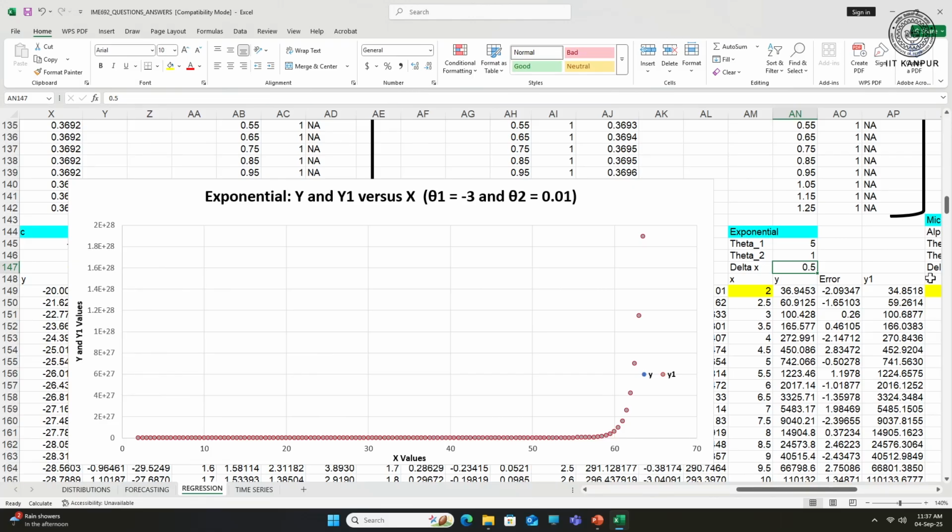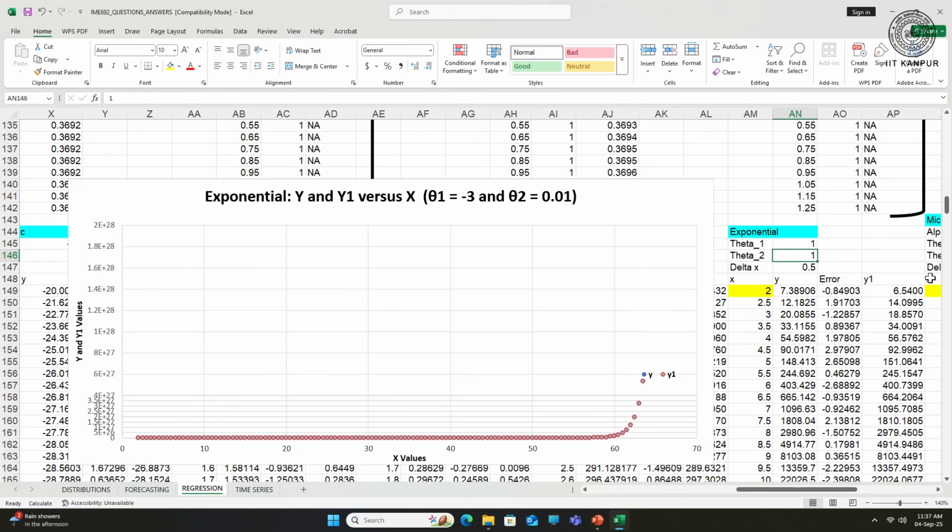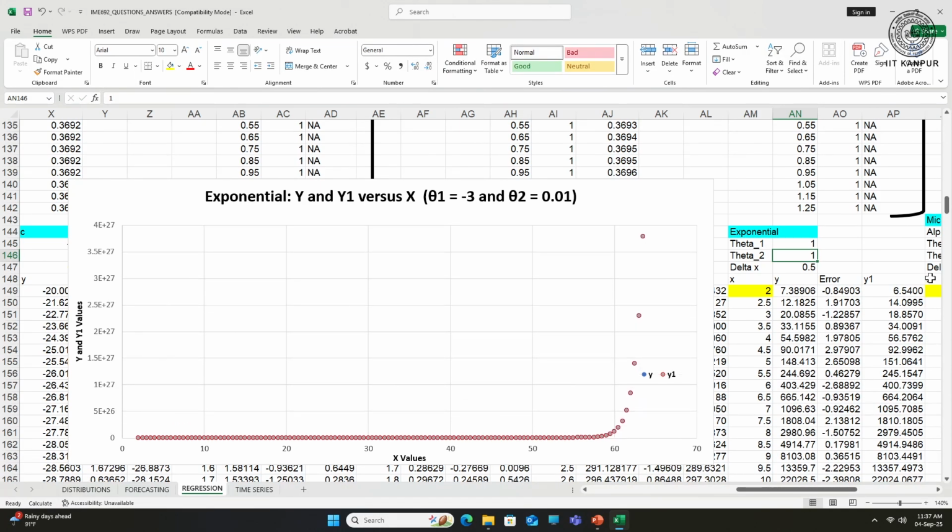Obviously, now they are almost overlapping. If I consider theta 1 also as 1, it means that the effect of theta 2 on the error term and the actual with respect to the best fit line and then the actual data has much more significance than the effect of theta 1.